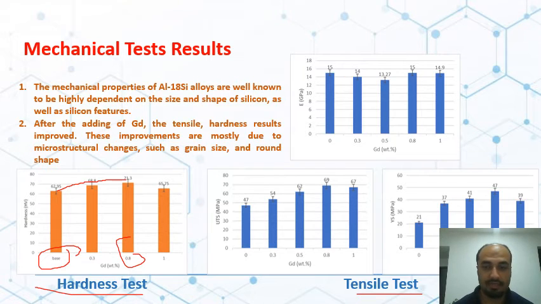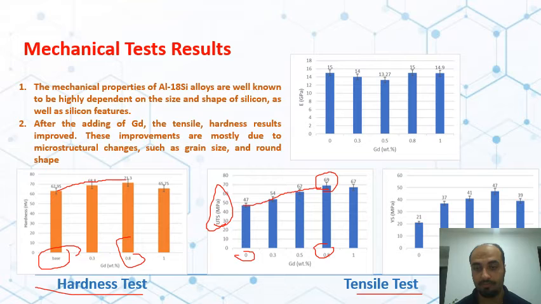For the tensile test, at 0% Gd we have 47 megapascal for the ultimate tensile strength, and it goes up until it reaches 69 megapascal at 0.8% Gd. For yield strength, it is also lowest at 0% Gd and goes up until 0.8, and after we add more Gd it decreases again.